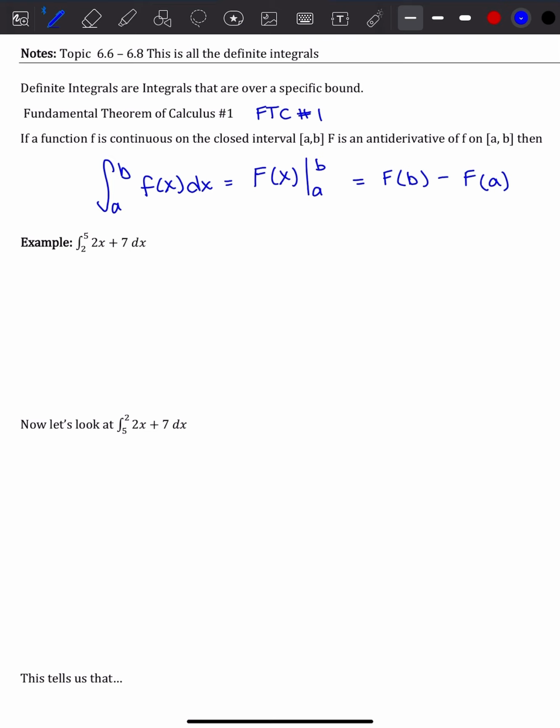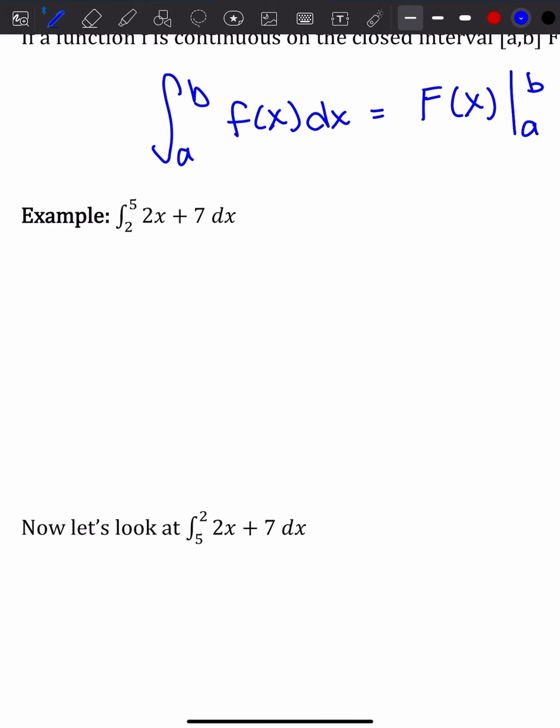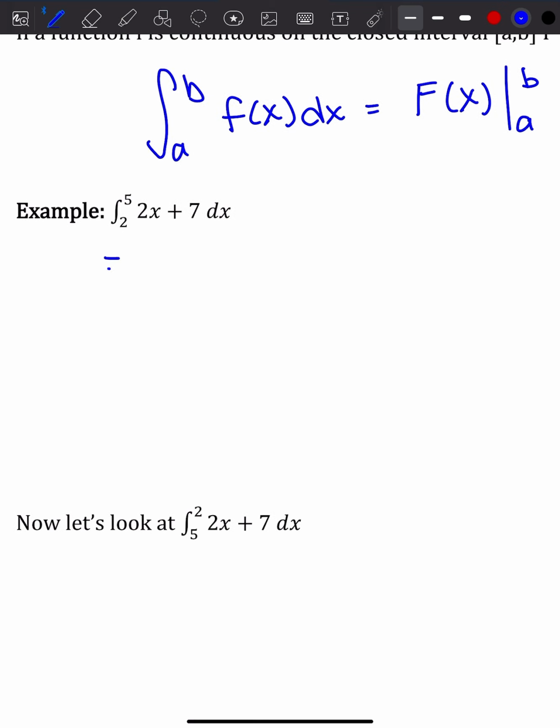So we're going to look at this problem here, the integral from 2 to 5 of 2x plus 7. So the first thing we do, integrate. The integral of 2x is x squared. The integral of 7 is 7x. And we're going to evaluate that on the interval of 2 to 5. So now we need to plug in the top number 5 first. So I have 5 squared plus 7 times 5.